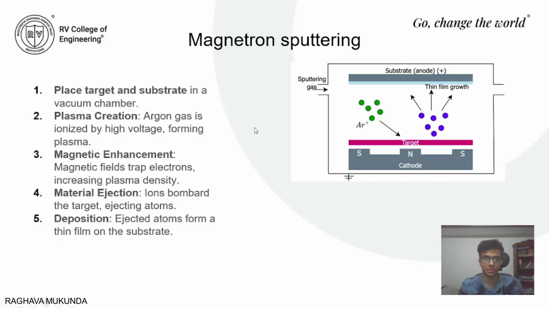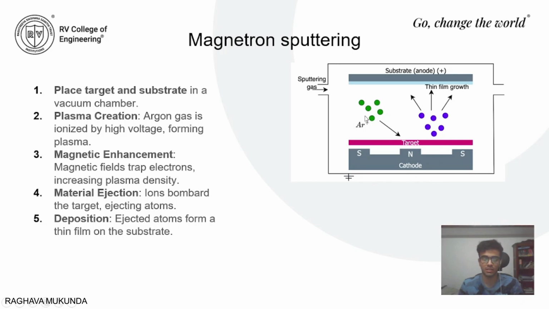The target is the metal required to be coated, and the substrate is the patterned substrate that is received after patterning using lithography. Both of these are placed in a vacuum chamber, and the chamber is evacuated of oxygen so that the metal does not oxidize.